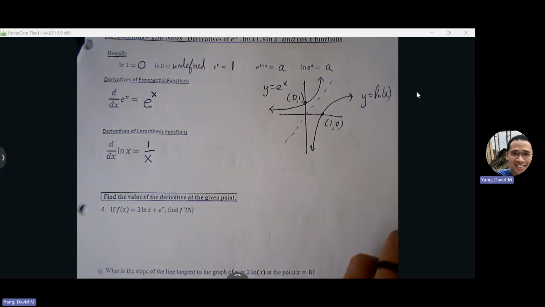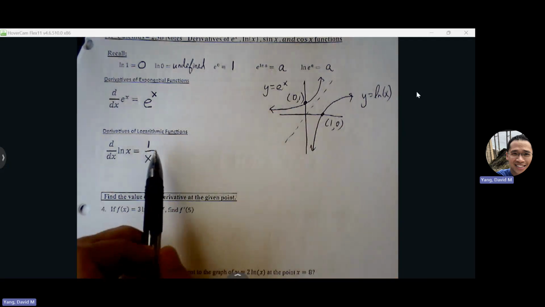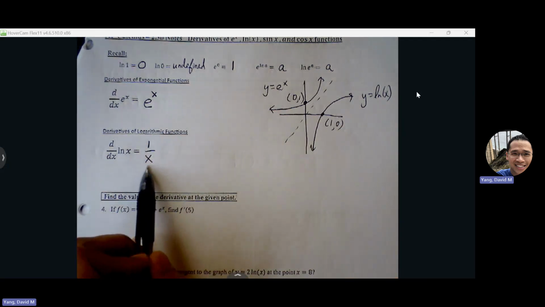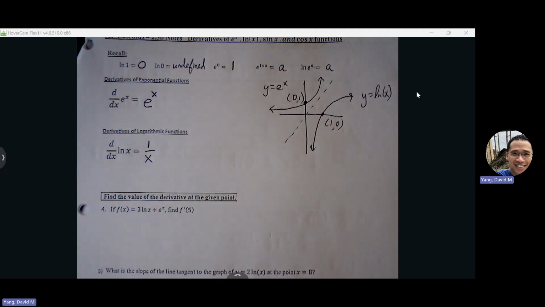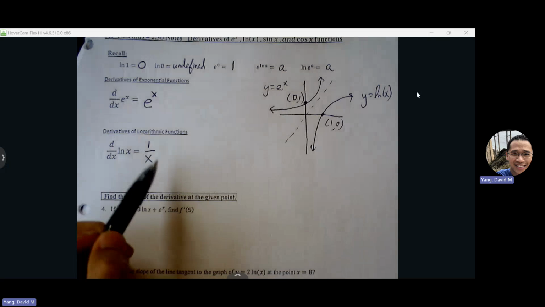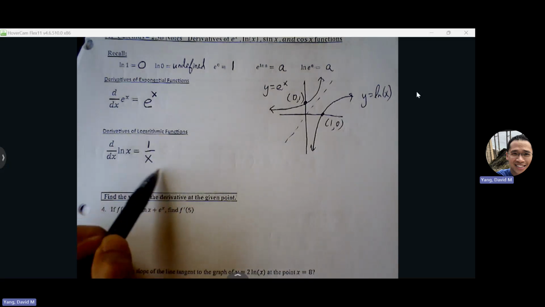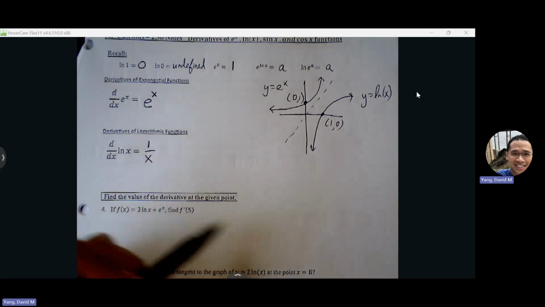Or imagine all the way over here at 16 or 20, it's 1 over 16, 1 over 20. It's barely positive, but the natural log graph will always have a positive slope, getting closer and closer to 0. It'll always be positive, but this fraction is just going to get smaller and smaller.